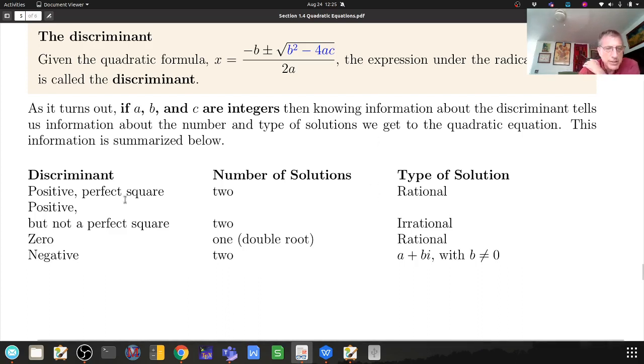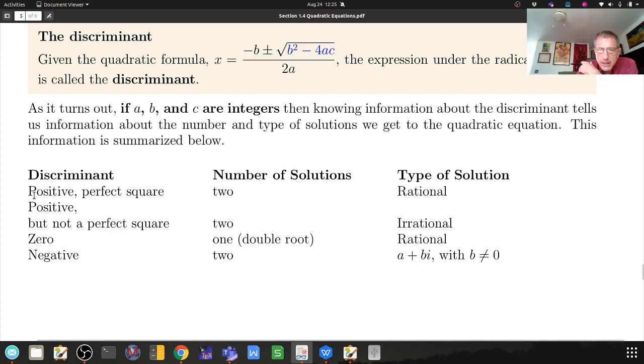So if the discriminant is positive and its square root is a whole number, for example, if the discriminant were 25, then the square root of 25 is 5. That means 25 is a perfect square. Then we're going to have two solutions that are rational numbers.